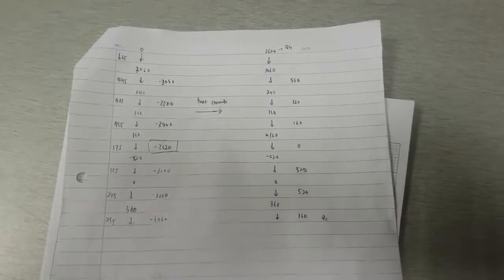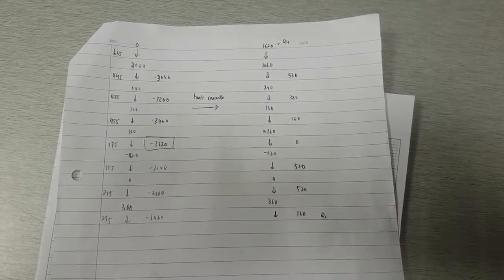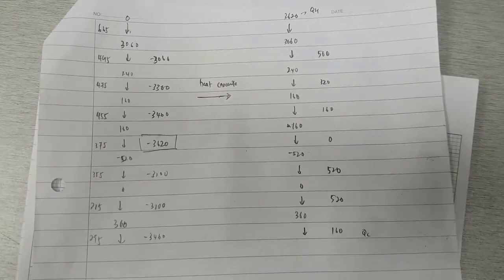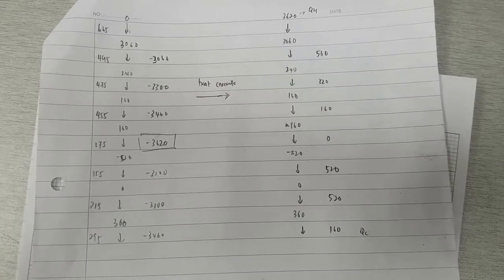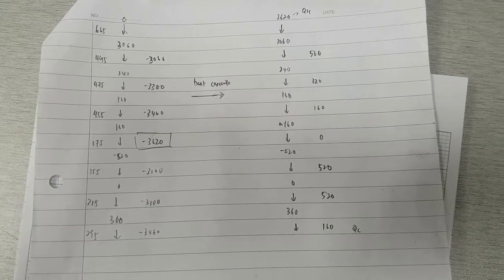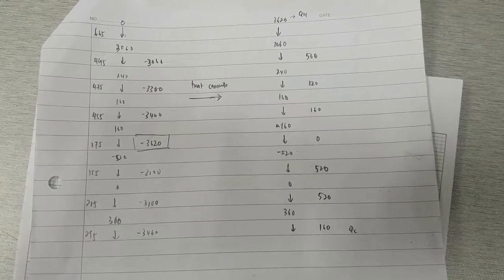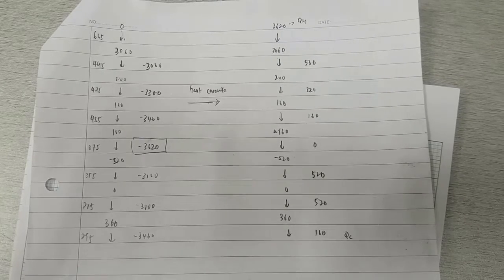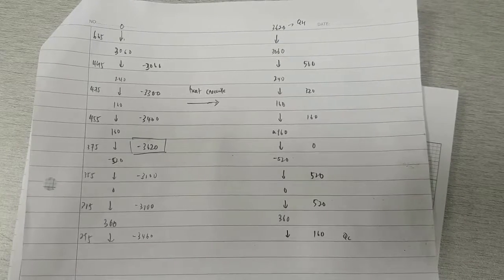So we'll use these columns to construct the grand composite curve. The temperature intervals will be our y-axis in the grand composite curve, while the cumulative enthalpies will be our x-axis in the grand composite curve.